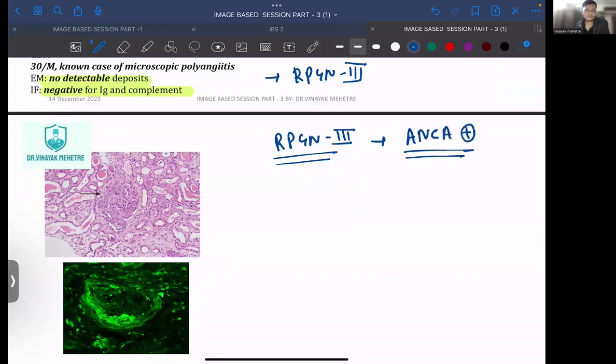So there are two types of ANCA. One is P-ANCA and one is C-ANCA, right? So P-ANCA is associated with what? Microscopic polyarteritis.